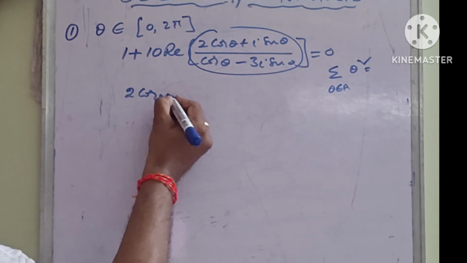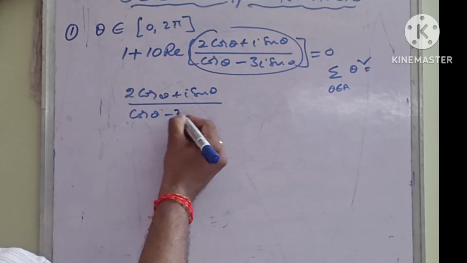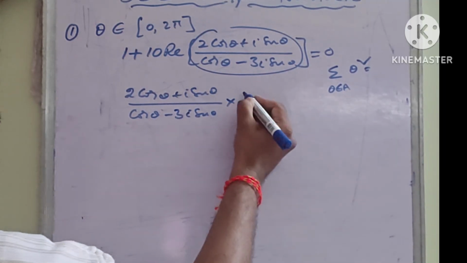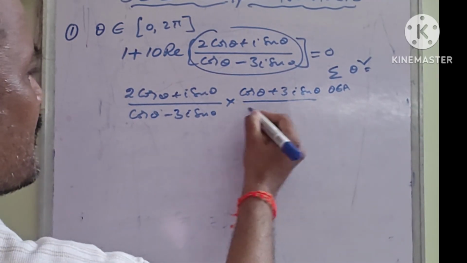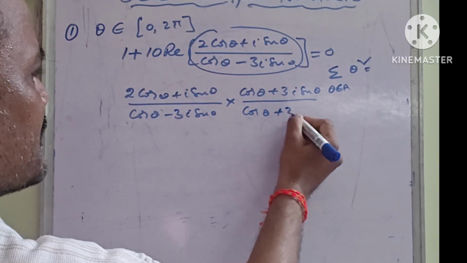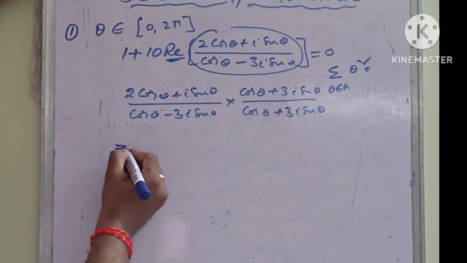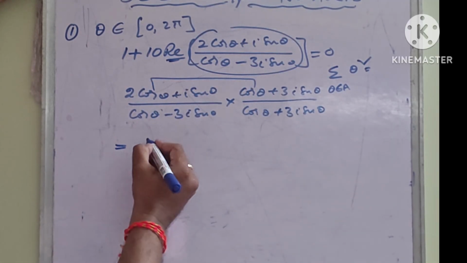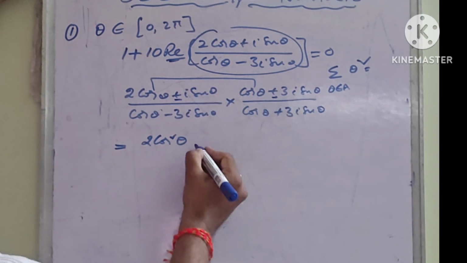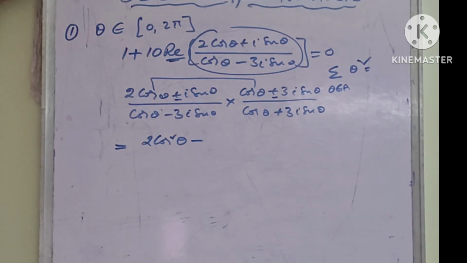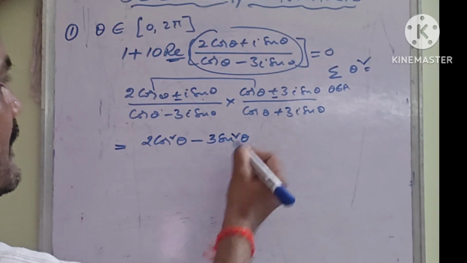Here (2 cos theta plus i sin theta) by (cos theta minus 3i sin theta). We know that we rationalize: multiply by (cos theta plus 3i sin theta) by (cos theta plus 3i sin theta). Now only the real part: the first one multiplied with the first one gives 2 cos square theta, plus into plus is plus. Now i square is minus 1, so sin theta into 3 sin theta gives minus 3 sin square theta.